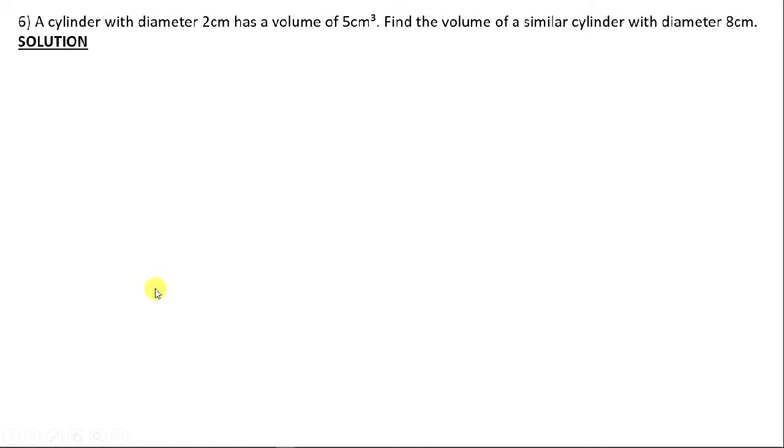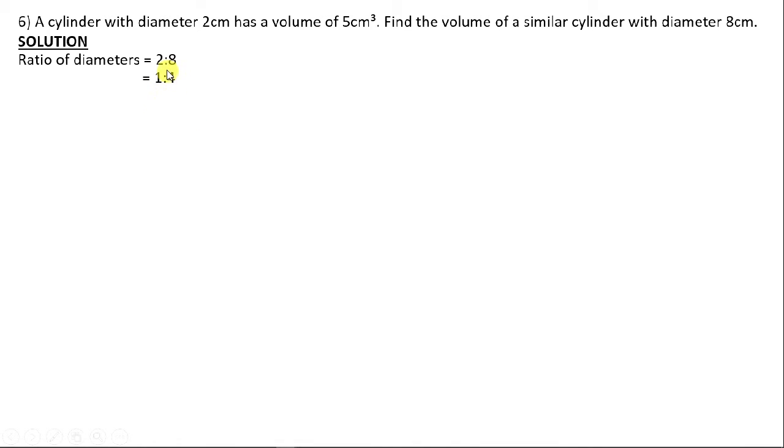Question 5 is saying a cylinder with diameter 2 centimeters has a volume of 5 cubic centimeters. Find the volume of a similar cylinder with diameter 8 centimeters. So we'll start with the diameters first. We'll find the ratio of the diameters and then take it to its lowest terms. So the ratio of the diameters was 2 to 8, which is the same as 1 to 4.